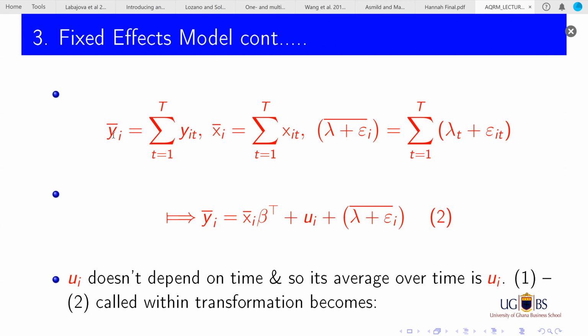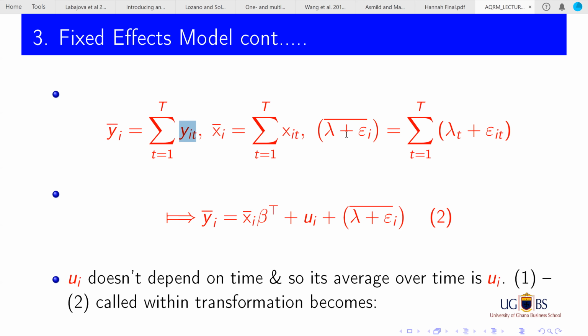So if we have Y, actually YIT, when we take the average of YIT, we call it YI bar, where the bar is indicating the time, the T. The same thing with the XIT. When we sum them and find the average, we now get XI bar.